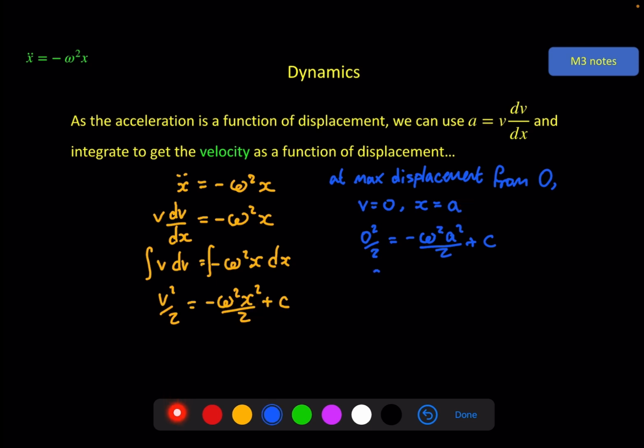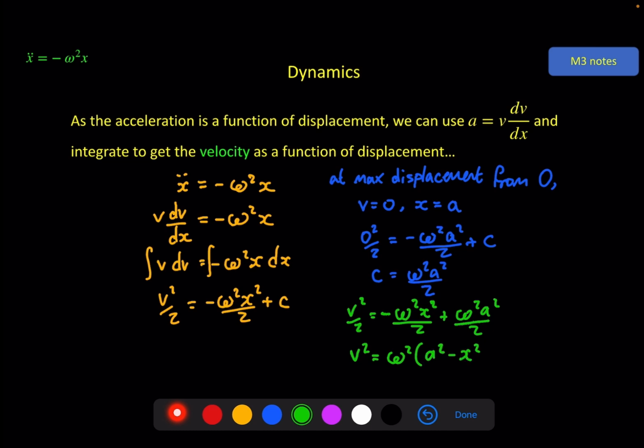That gives us a c value of omega squared a squared over 2, and we can put that back in to here to get the equation of v squared over 2 equals minus omega squared x squared over 2 plus omega squared a squared over 2. Multiply everything by 2 to get rid of those fractions, and factorize out omega squared gives us v squared equals omega squared (a squared minus x squared).